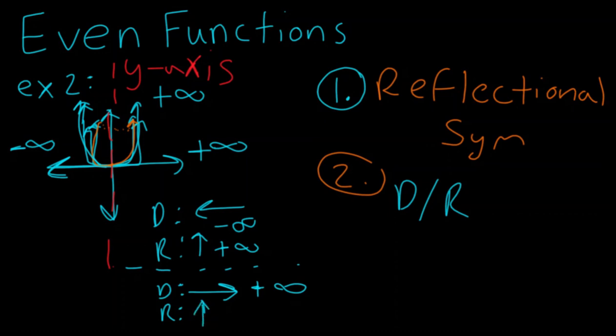And since it's going up, it is still going towards positive infinity. And so this is why even functions are a little bit different from odd functions, in that they'll always go in the same direction. So if on the left, as you go towards negative infinity, your range is approaching positive infinity, well, on the right, the range will also be approaching positive infinity. They're going to be the exact same.